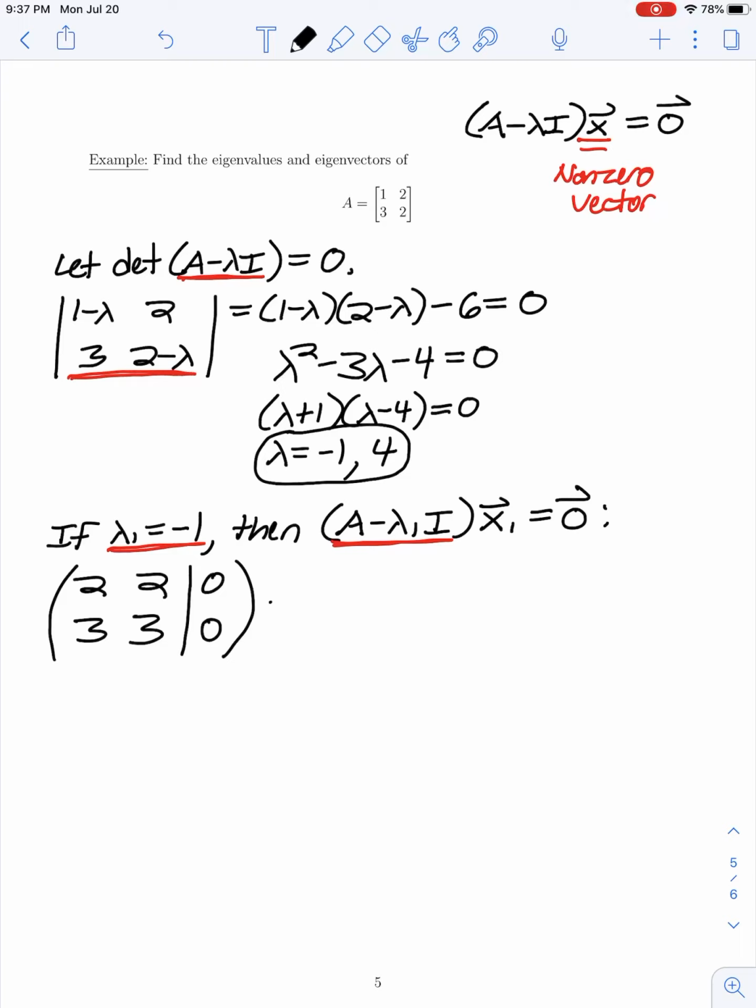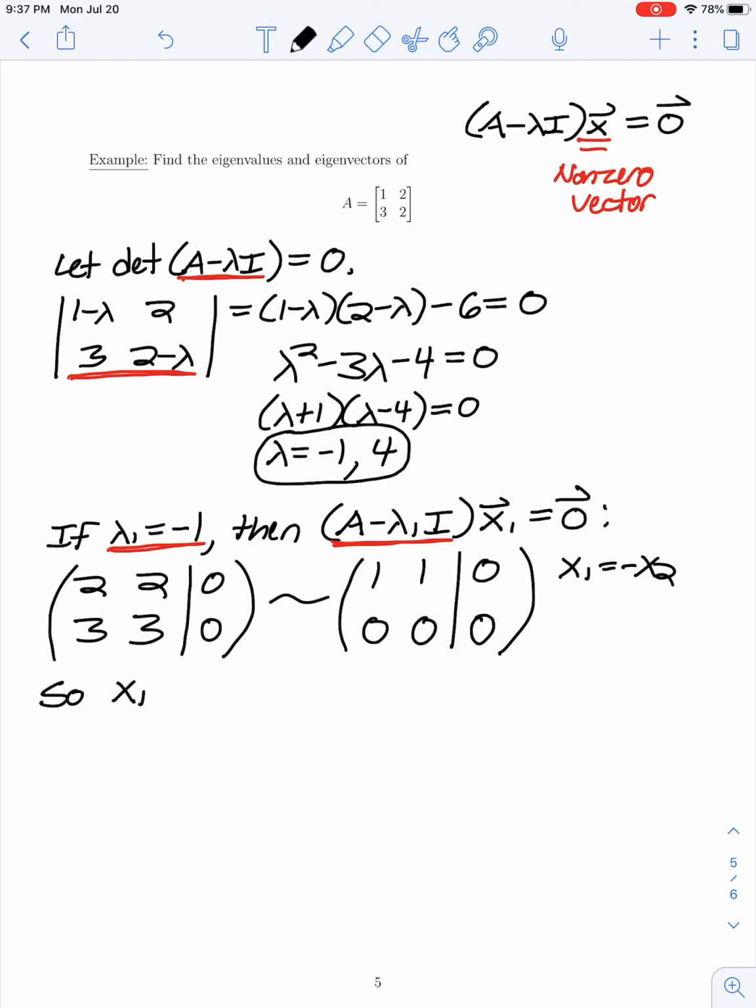By row reducing this matrix, we can see pretty quickly that it is row equivalent to the matrix 1, 1, 0, 0, augmented with the 0 vector. From our augmented matrix, x2 is a free variable, and from the first row, x1 has to equal negative x2. So for our first eigenvector, let's call it x1, we could take any vector of the form x2 times (-1, 1).